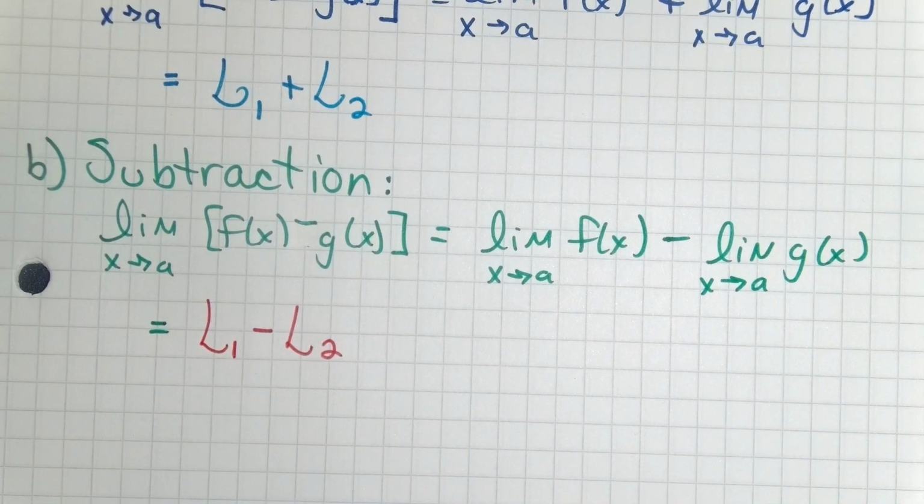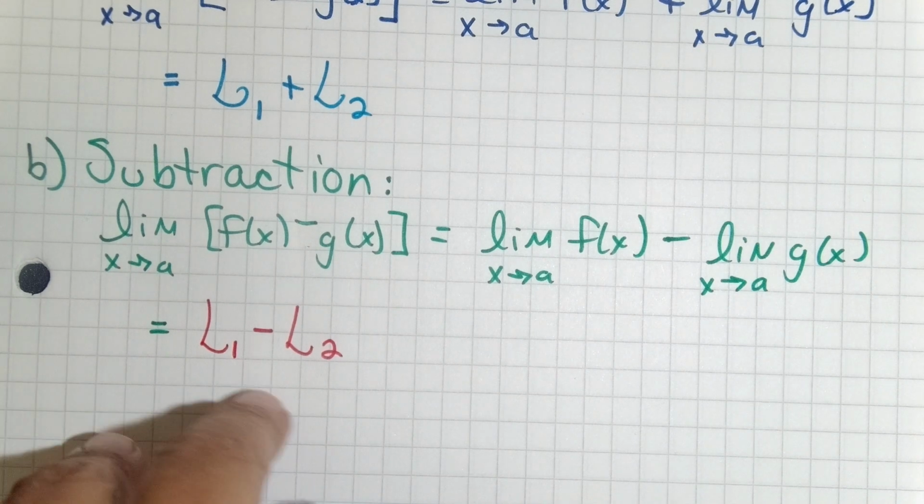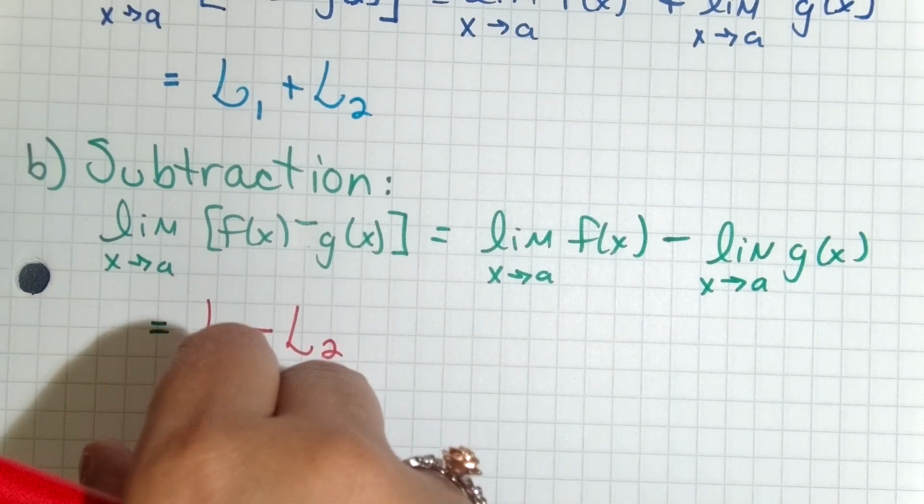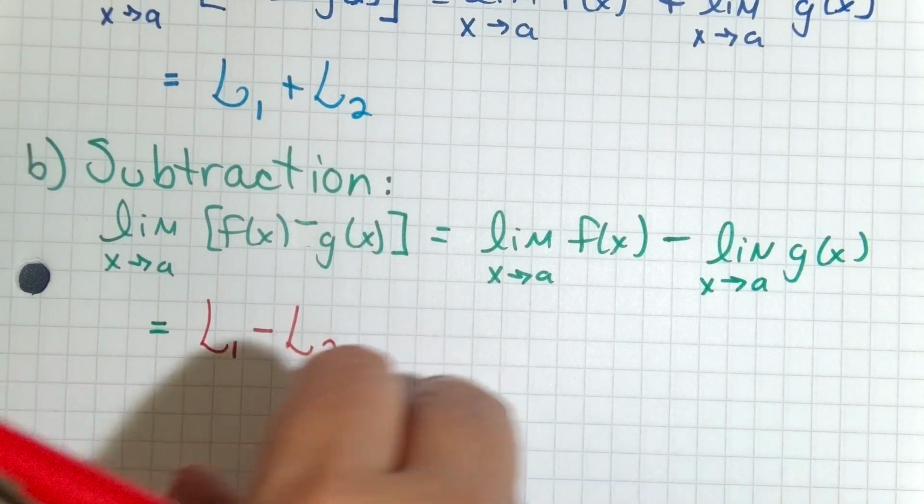Limit 2 subtracted from limit 1. Order matters here. Order matters because having 4 minus 2 is not the same as 2 minus 4.